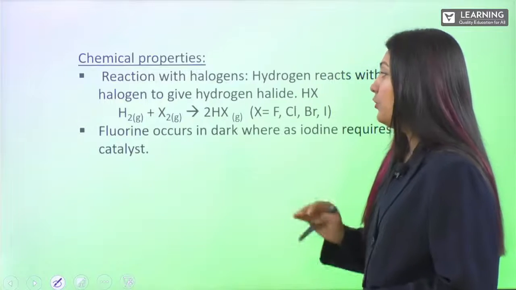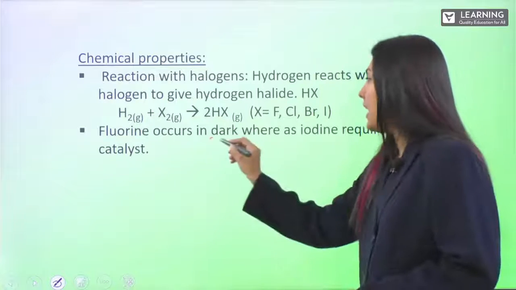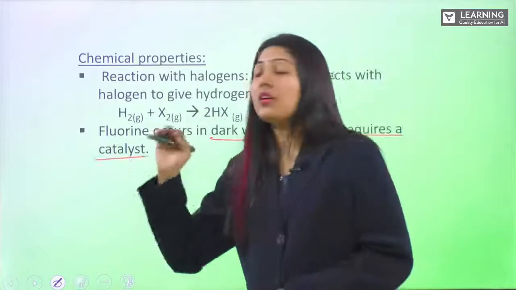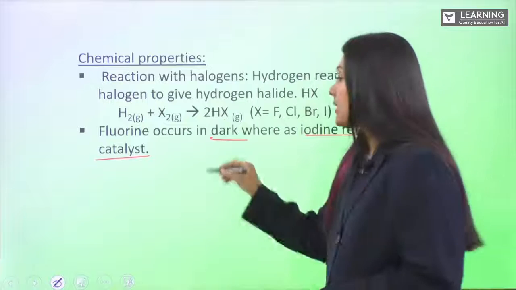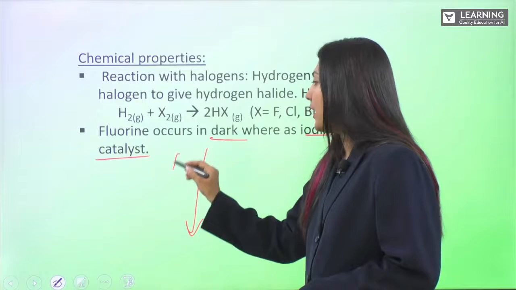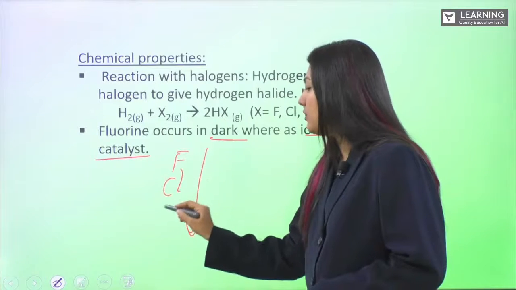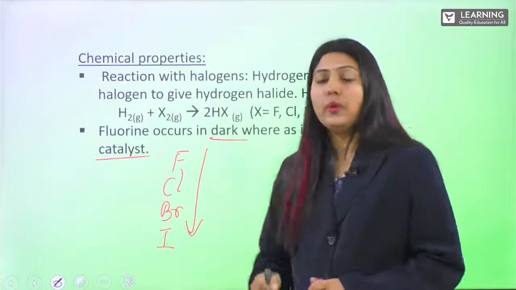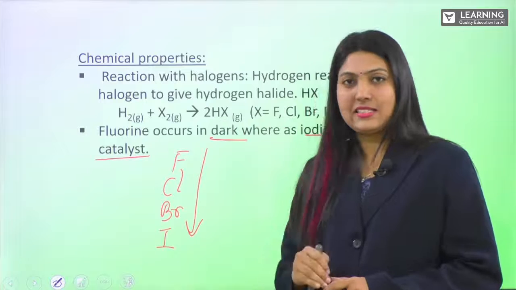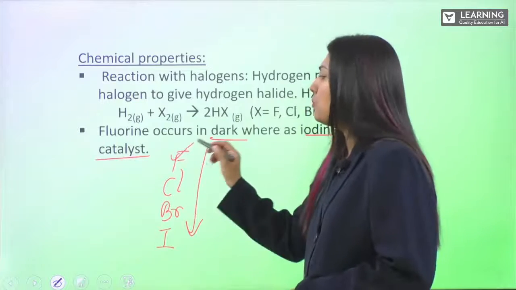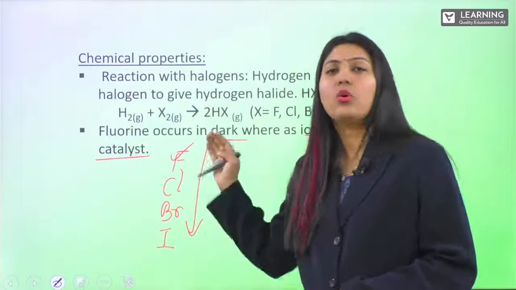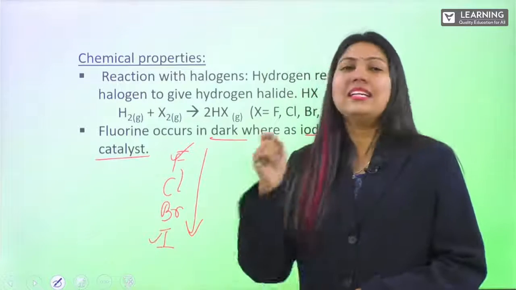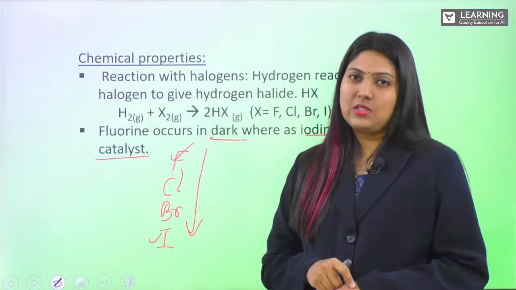Next, fluorine reacts even in the dark, whereas iodine requires a catalyst. Down the group, where fluorine, chlorine, bromine and iodine are present, reactivity decreases. That means fluorine is the most reactive element among halogens, whereas iodine is the least reactive.